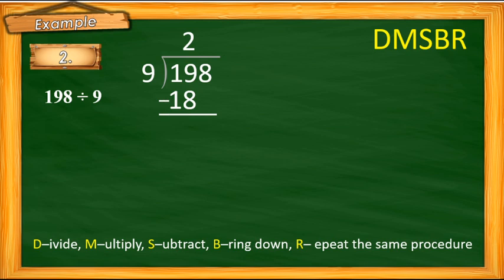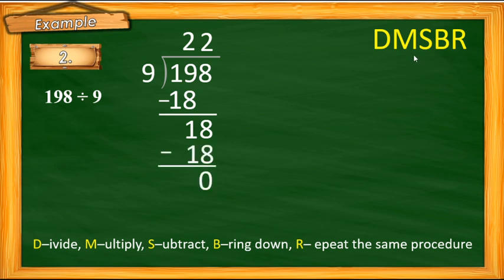Then subtract, 19 minus 18 is 1, and then bring down 8, and then 18 divided by 9 is 2, and then 2 times 9 is 18, and then subtract.